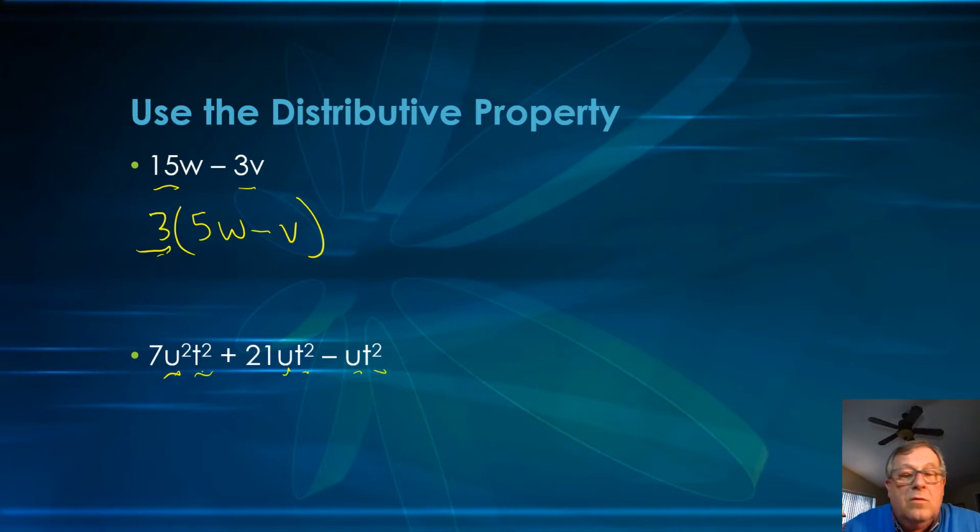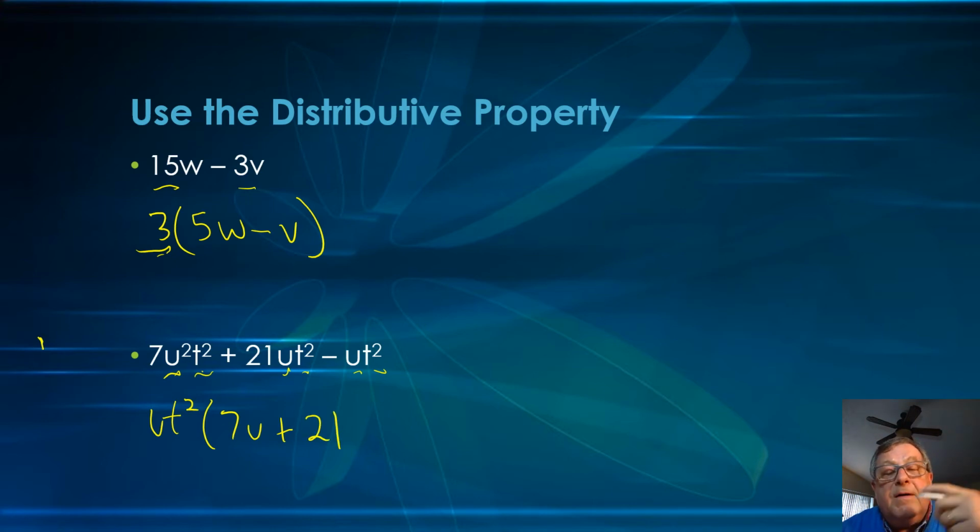And so we could factor out ut squared. So let's factor out ut squared. And then that would leave us with 7u plus 21 minus 1.